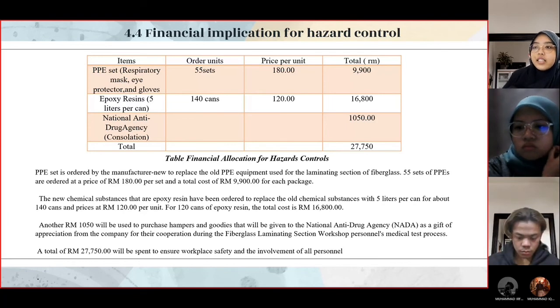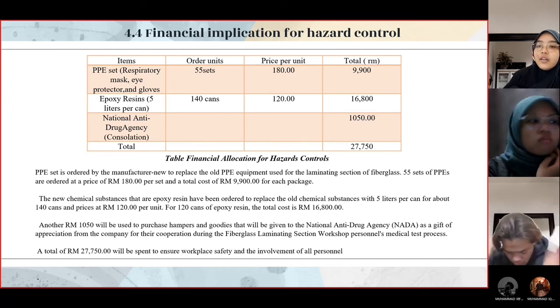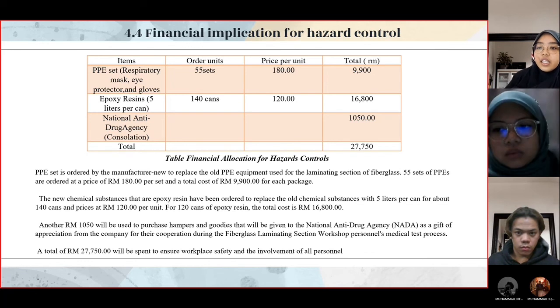4.4, financial implication for hazard control. This is the table of financial allocation for hazard control. There are 3 items used for this financial. Number 1, PPE set, respiratory mask, eye protector and glove. Number 2, a poison resin, 5 liter per can. Number 3, National Anti-Drug Agency consultation.